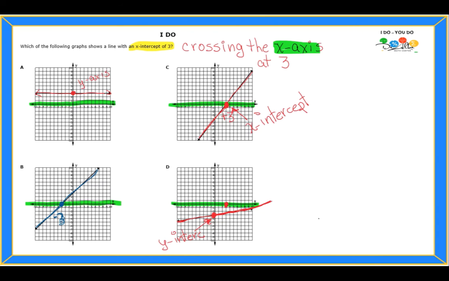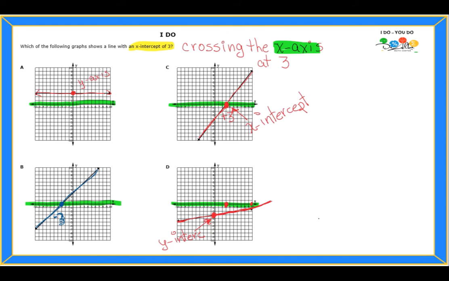So the x-intercept is going to be greater than 10, because here is 10 and I'm still not there yet. Are you guys with me on that? For letter D, how can I double check? We can do lots of steps, but I'm not going to worry because I can see that it's not close to 3.